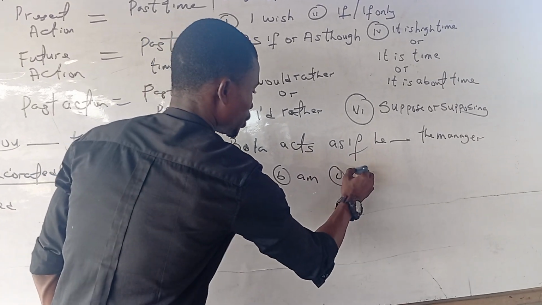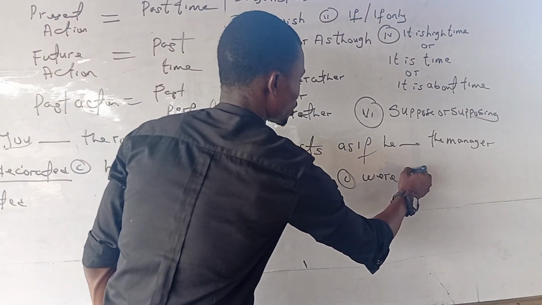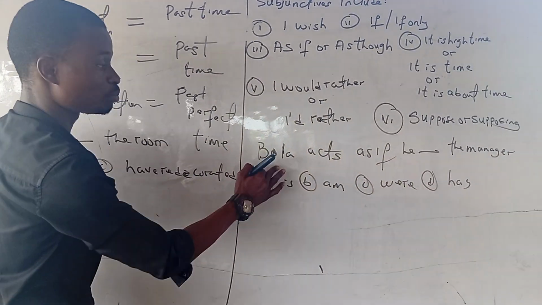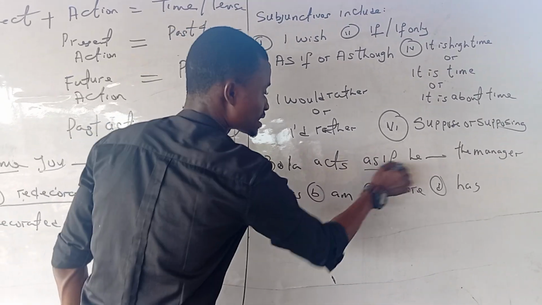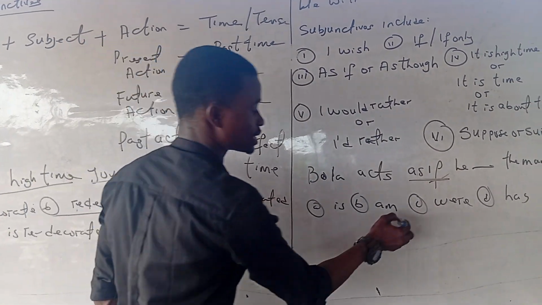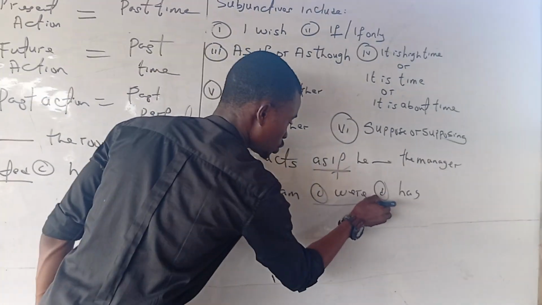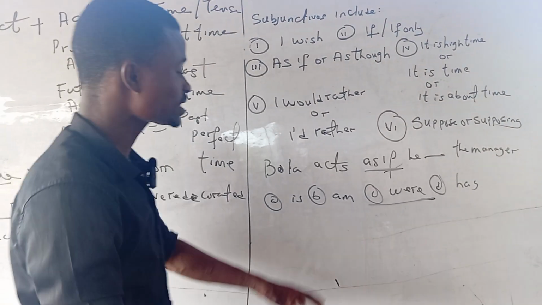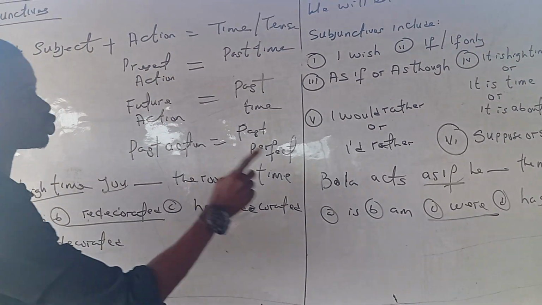Option C, we have where. And option D, we have as. Bola acts as if. So as if is a subjunctive. However, we need a past time, and the answer is, as if he were. Friends, ladies and gentlemen, these are two examples that can help us on subjunctives.